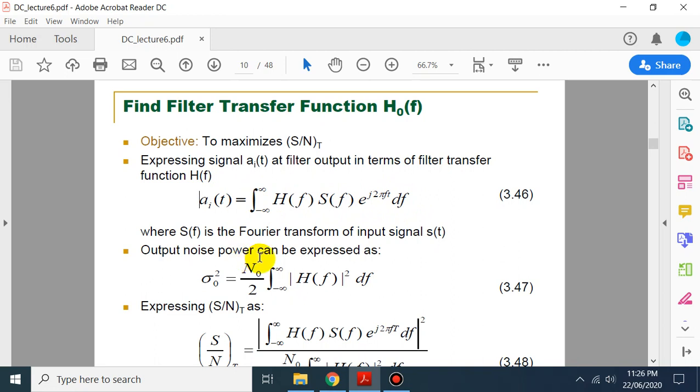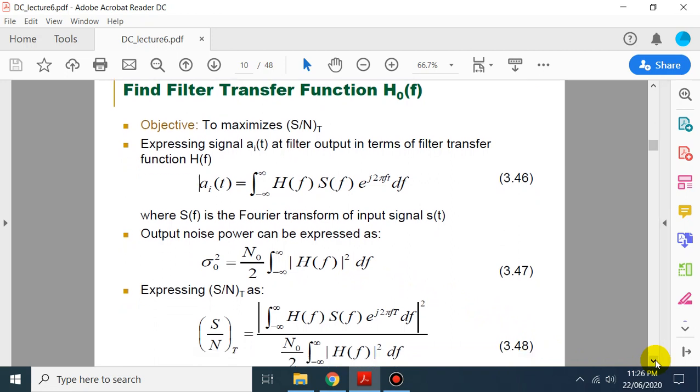Output noise power can be expressed like this, where sigma squared is N_0 over 2 times the integral from minus infinity to infinity of |H_0(f)| squared df. We just integrate the square of the magnitude of the transfer function.